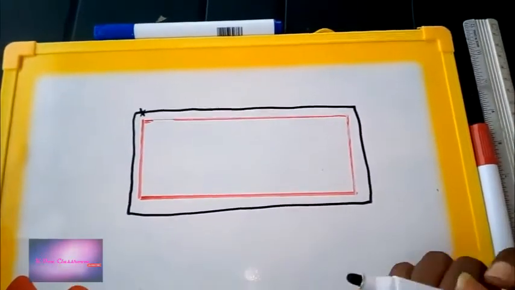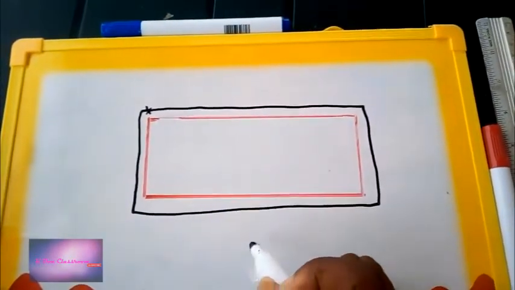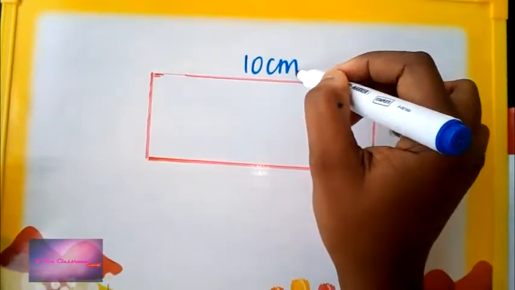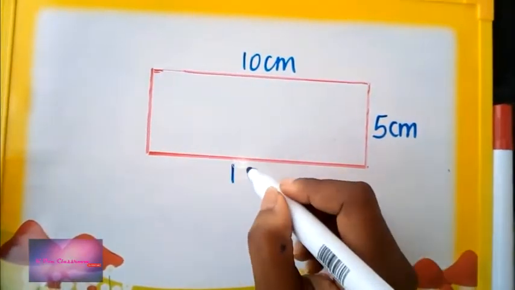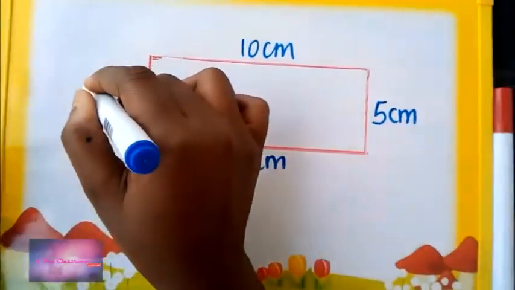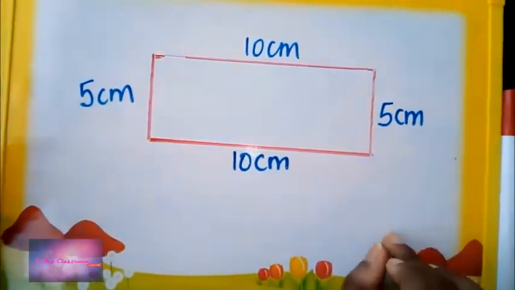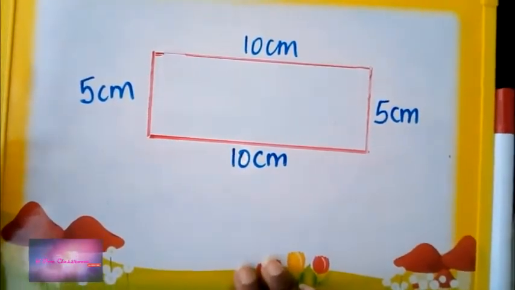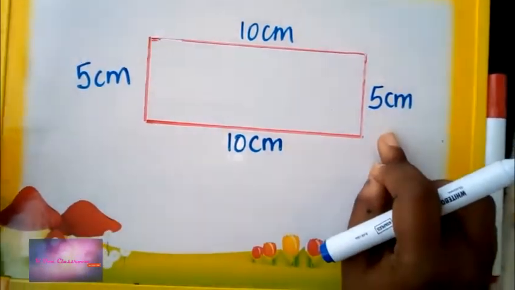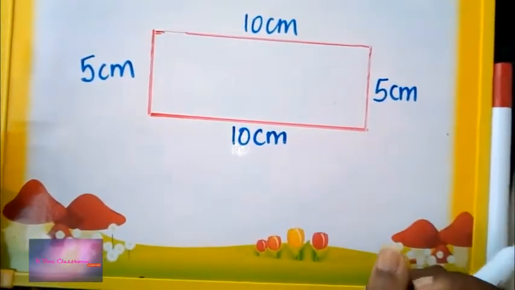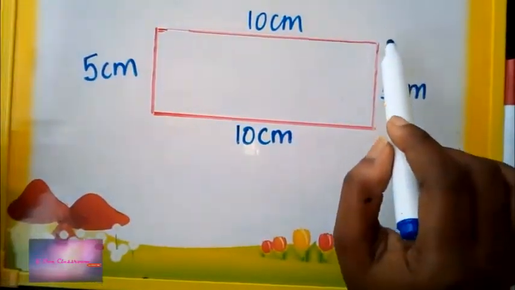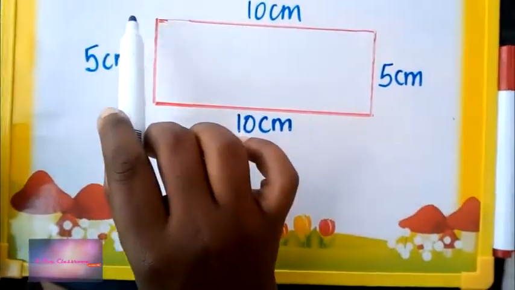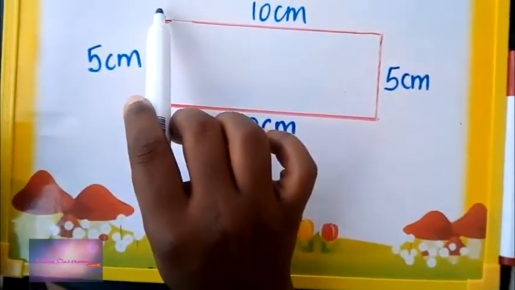So we're going to go ahead now and add numbers to the sides. We're going to add 10 centimeters to the longer side and 5 centimeters to the short side. So it means that my length is 10 centimeters and my width is 5 centimeters. Now how will I find the perimeter? Remember previously I said that we start from one end and we travel all around the shape until we get to the point where we started.